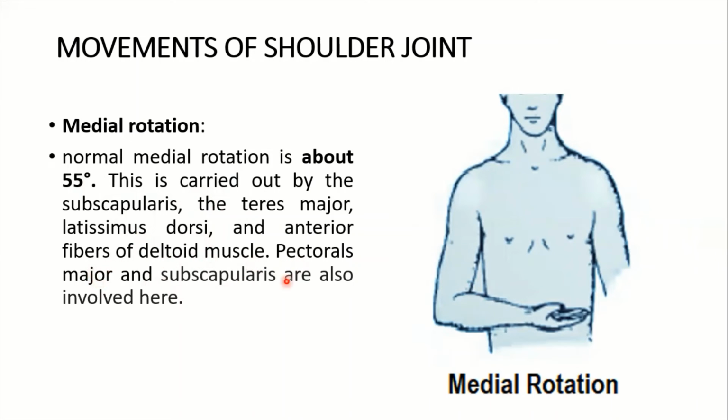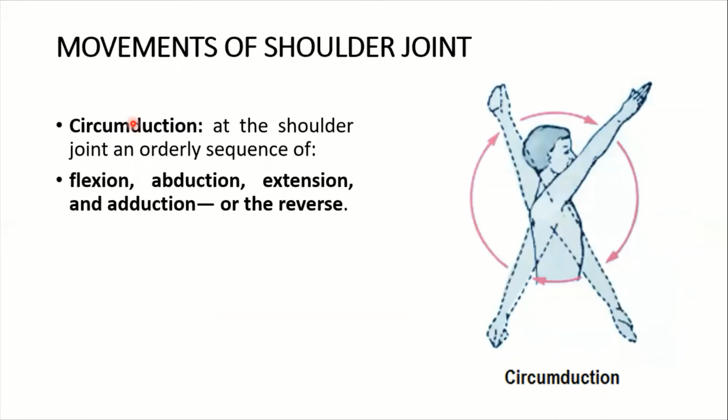Pec major and the subscapularis are also involved here. So circumduction at the shoulder joint is an orderly sequence of flexion, then extension, flexion, and then abduction, then adduction, right? Or the reverse.